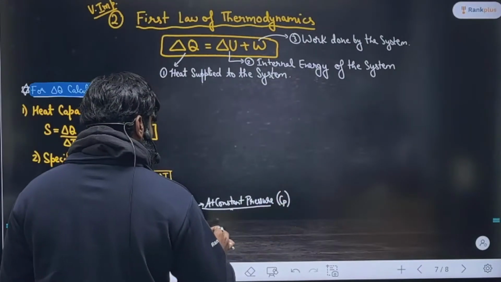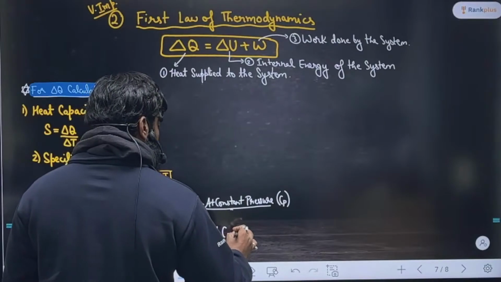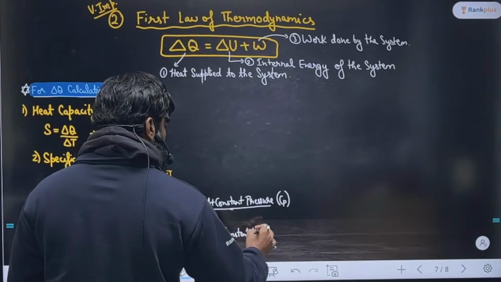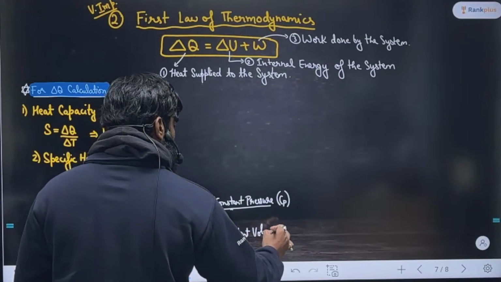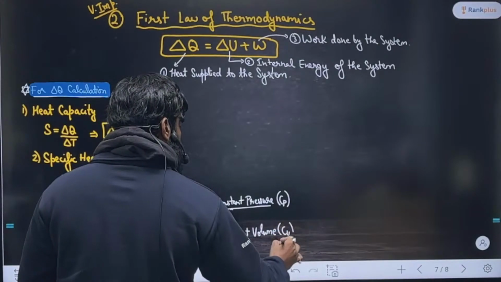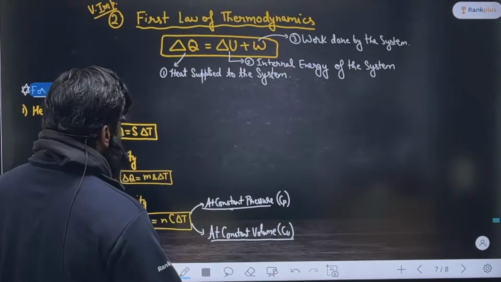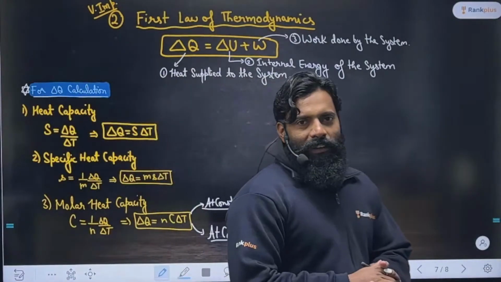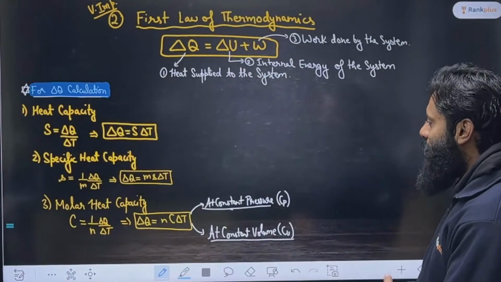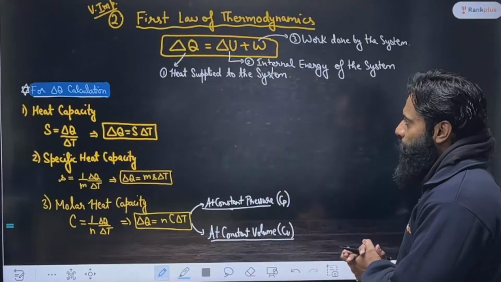And at constant volume, we have to take Cv. Okay. Now, these are the ways to calculate the delta Q.